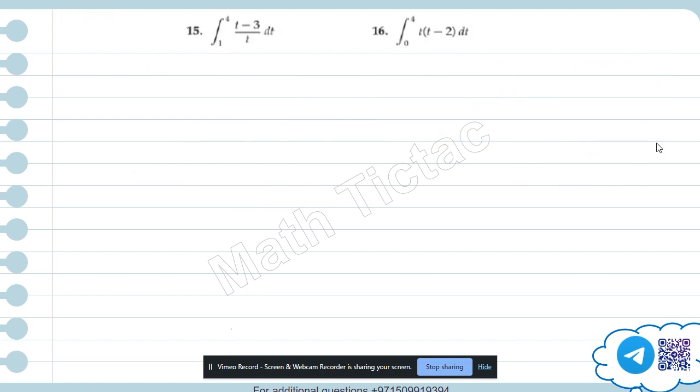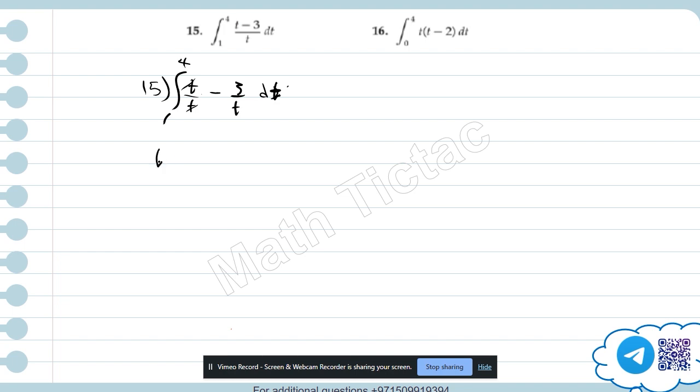Okay, so in here we have these questions. Directly for question 15, we can solve it using the distributive property. So in here almost the same for both questions. This is question 15: the integration from 1 to 4 of t over t minus 3 over t dt. So this is going to be equal to 1 minus 3 over t.